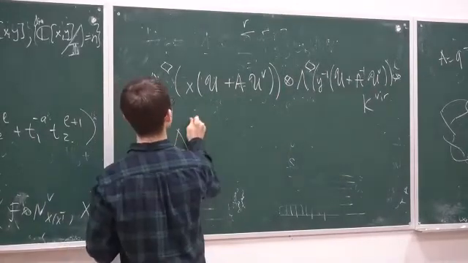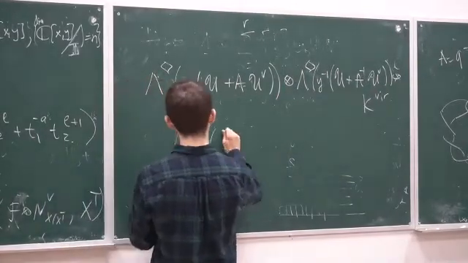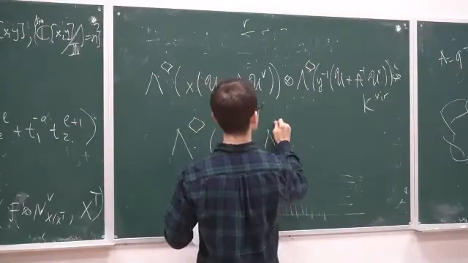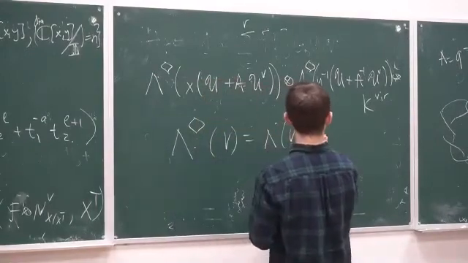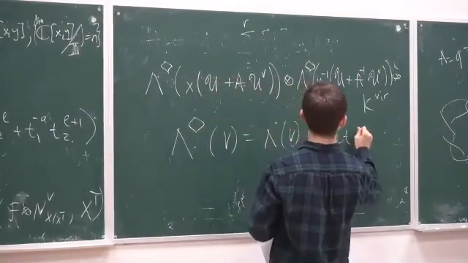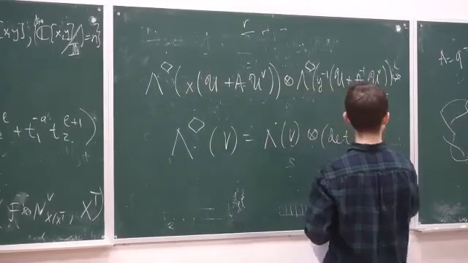The symmetric version of the exterior algebra is just the usual exterior algebra times the determinant of the representation to the power minus 1 up.